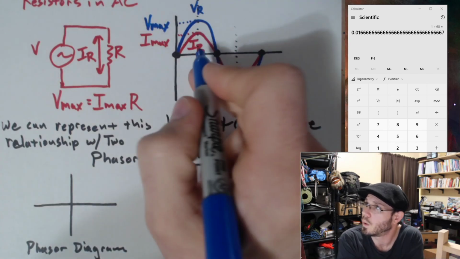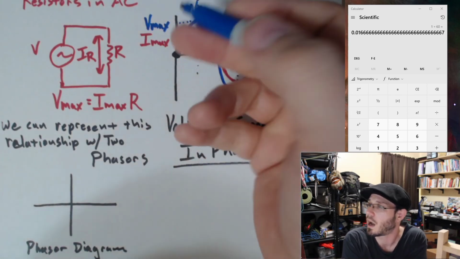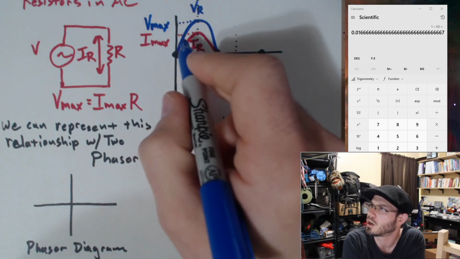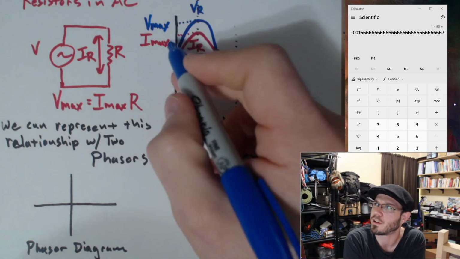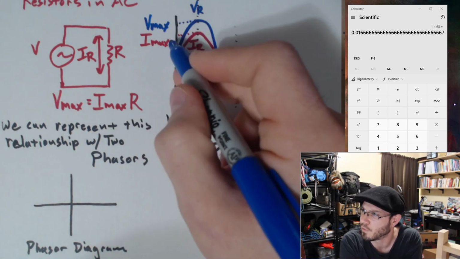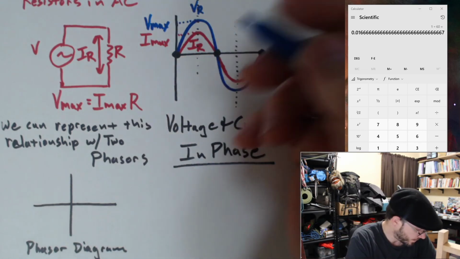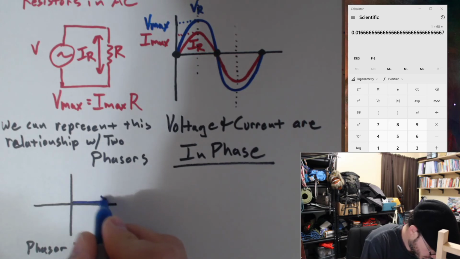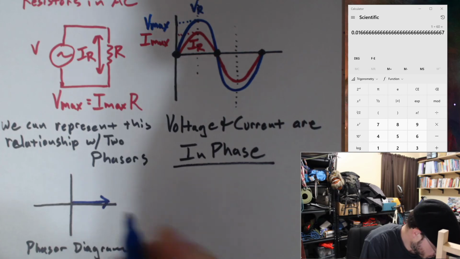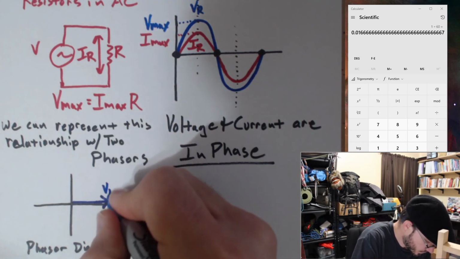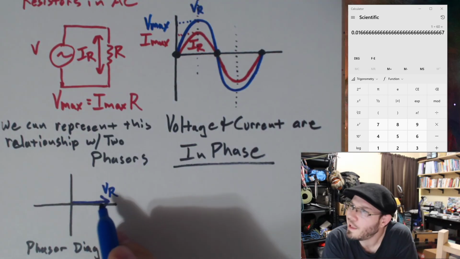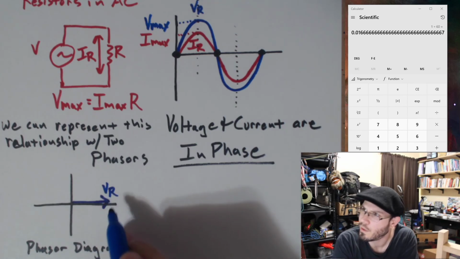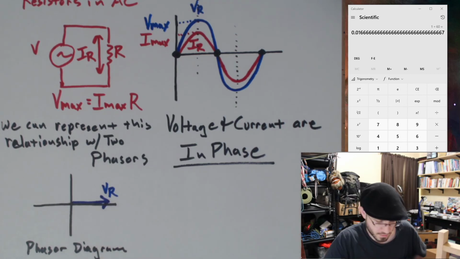Our voltage was higher, I guess, than our current. They are two different values. One is in voltage and the other one's in amps. And so I'll let the blue phasor be representative of the voltage.